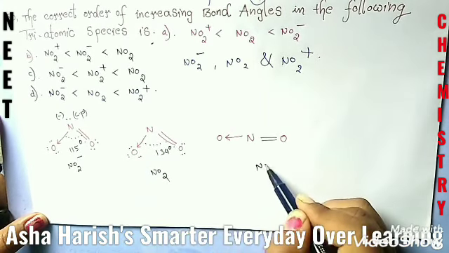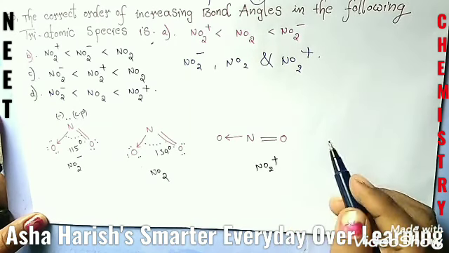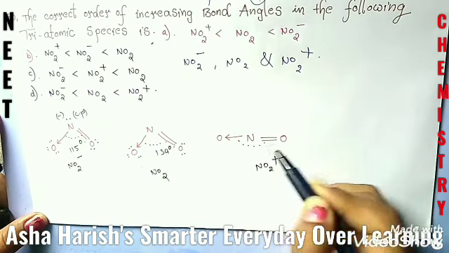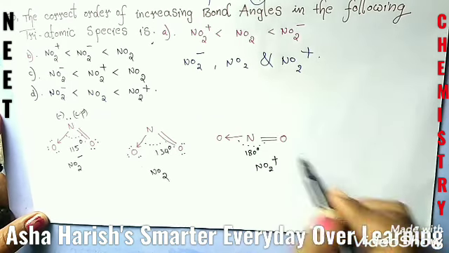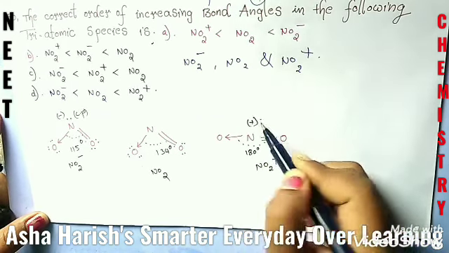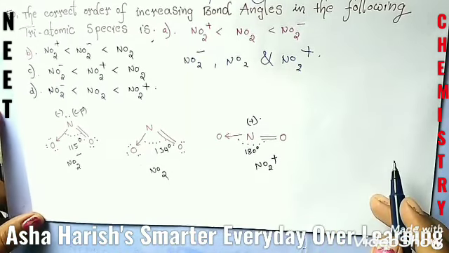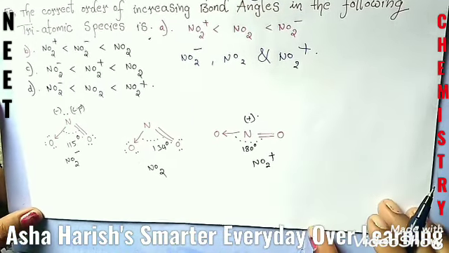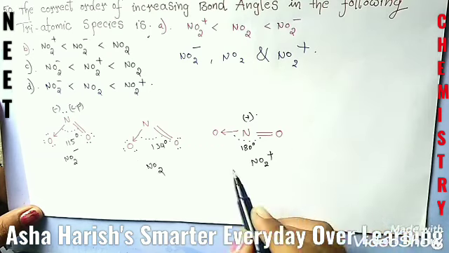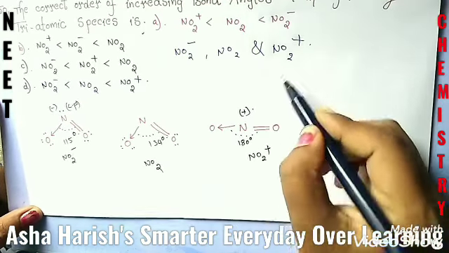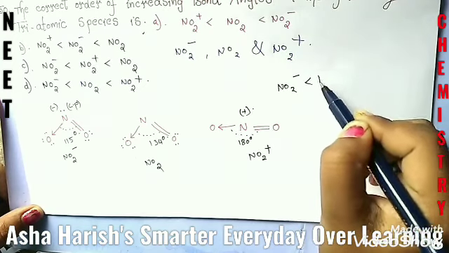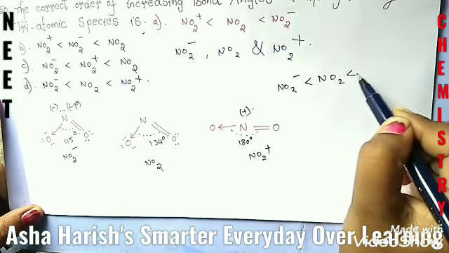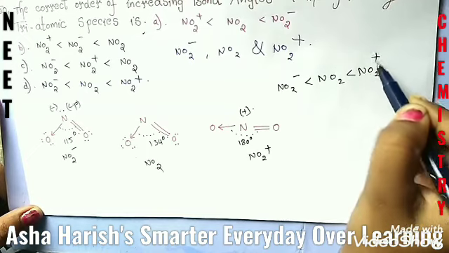And here you can see the NO2 plus ion structure. Here students, you can see it has a linear structure and the bond angle is 180 degrees. Here it is a plus charge. The order of increasing bond angles in the following triatomic species is NO2 minus less than NO2 less than NO2 plus.